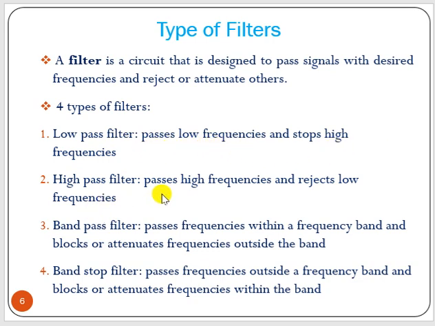High pass filter passes high frequencies and rejects low frequencies. Band pass filter passes frequencies within a frequency band and blocks or attenuates frequencies outside the band. And band stop filter passes frequencies outside a frequency band and blocks or attenuates the frequencies within the band.